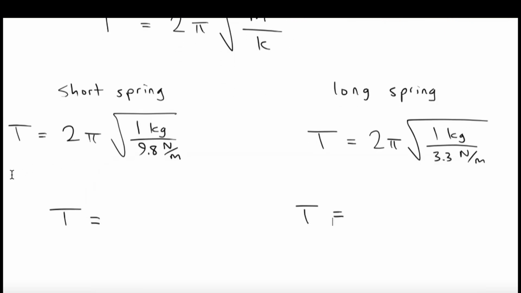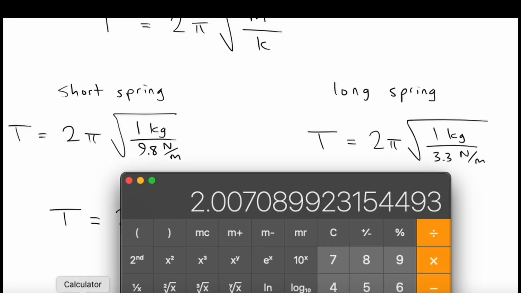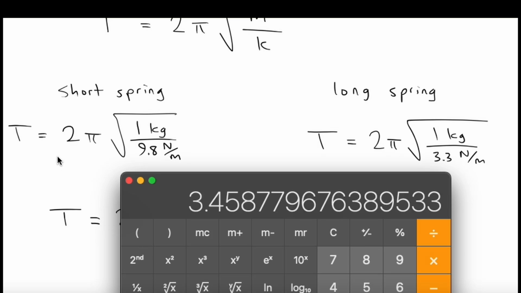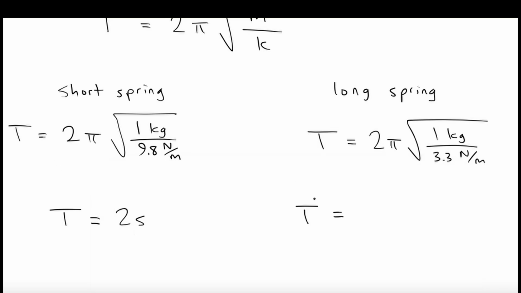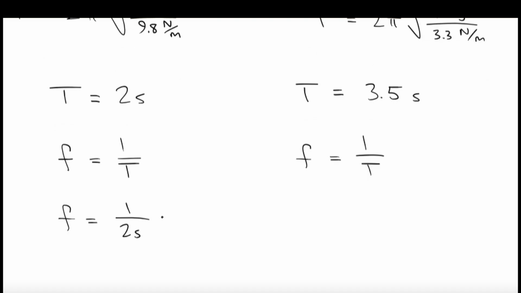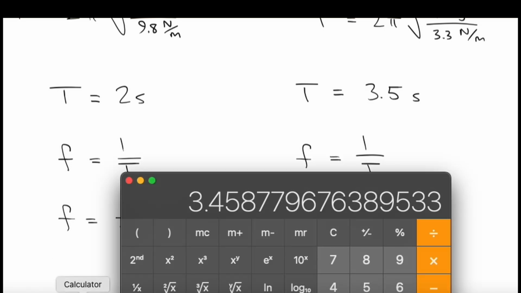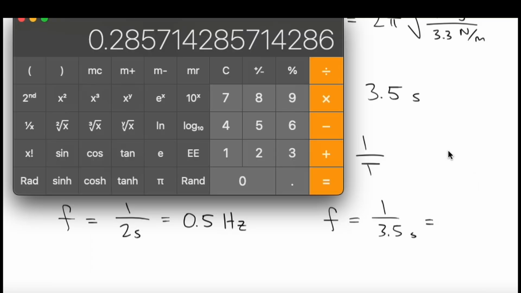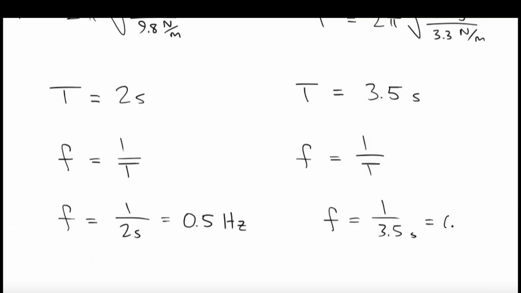I get 2 seconds for the short spring, and then let's do it for the long spring. We get 3.5 seconds. Now that we have that, we can find their frequencies too, just by doing 1 over their periods. So this one's a 0.5 hertz frequency, whereas the other one is 0.29 hertz.